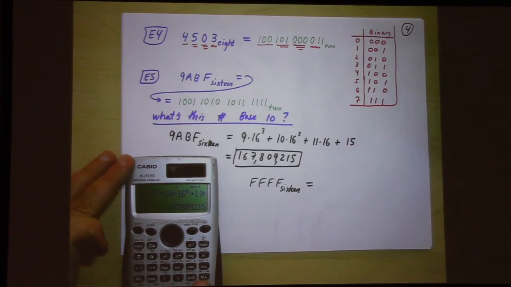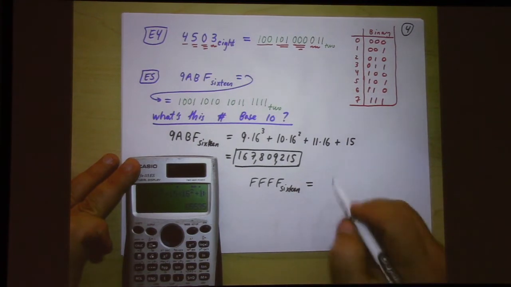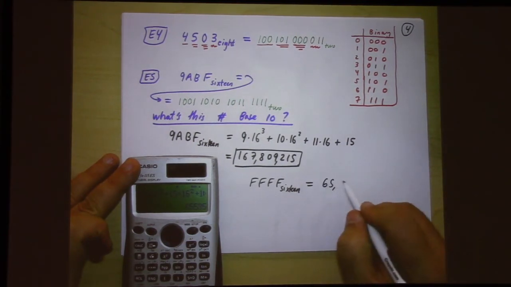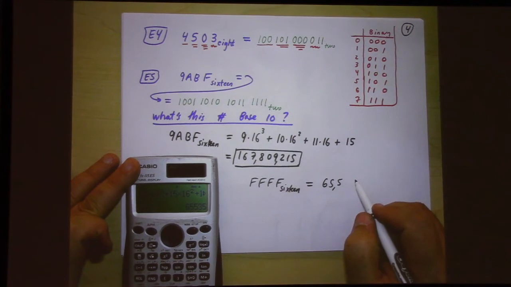What would that be? That's 15 times 16. Now I'm just wasting our time, but you'll forgive me. Allow me the curiosity. 15 times 16 to the squared plus 15 times 16 plus 15. So that is 65,500 and what?